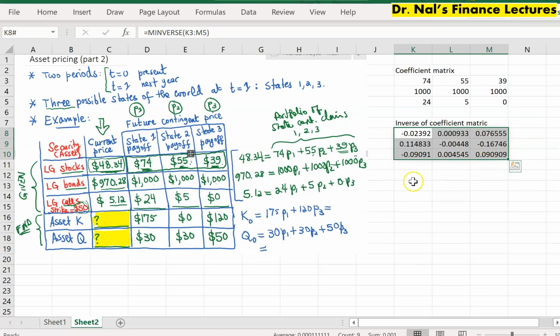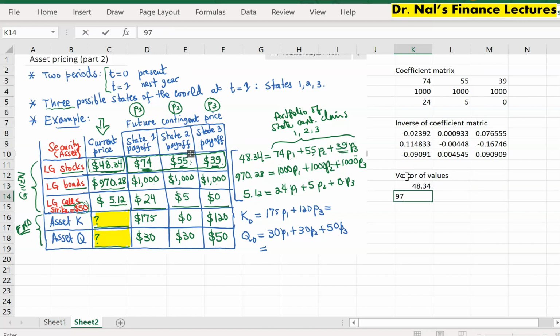Now, before the state contingent prices, let me write down the vector of values. On the other side of the equation, we have 48.34, 970.28, and 5.12.